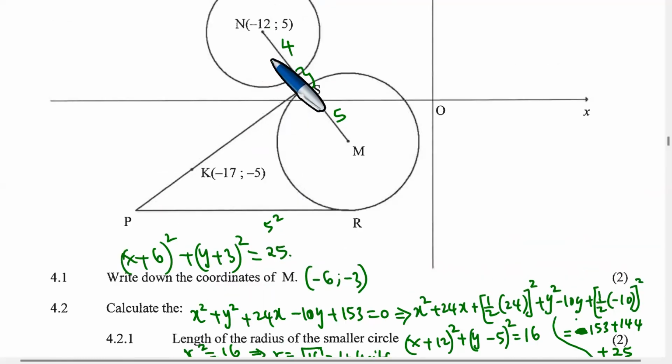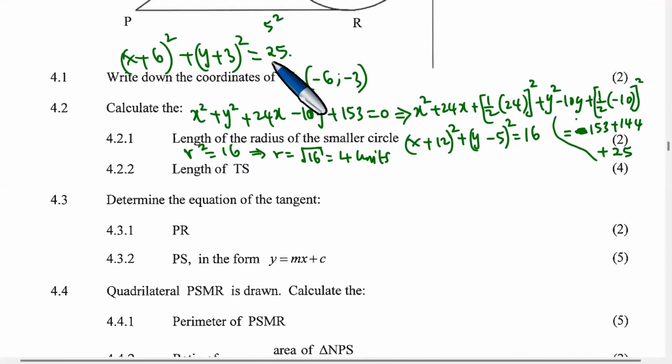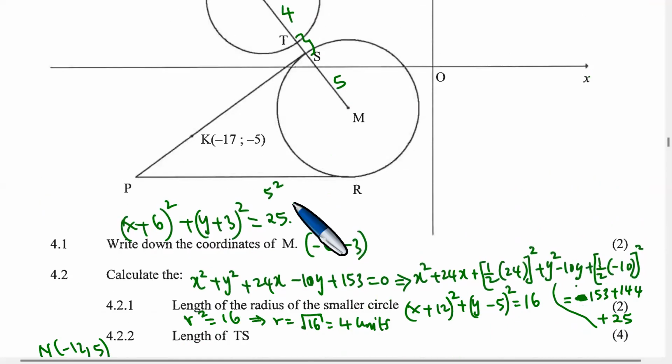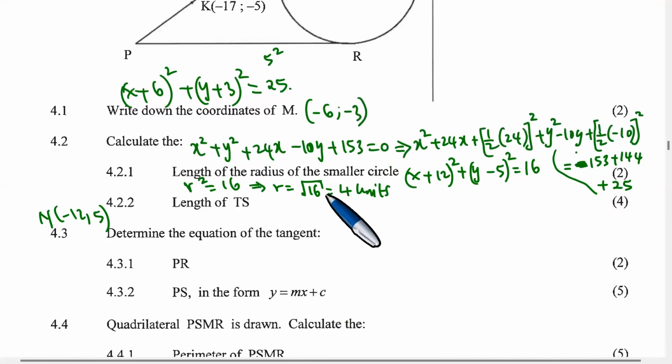N has coordinates minus 12 and 5, and M has the coordinates minus 6 and minus 3. So that now you can find the length NM.